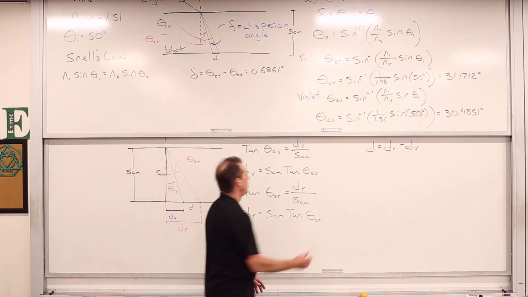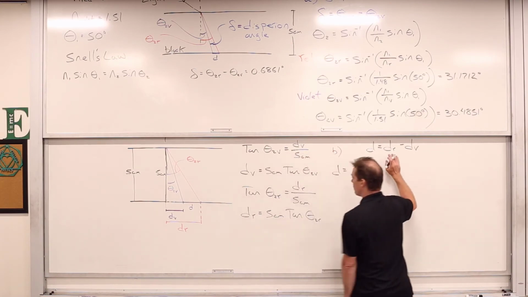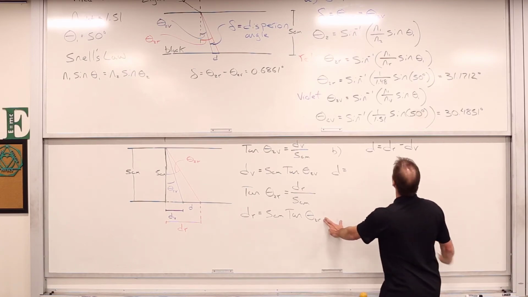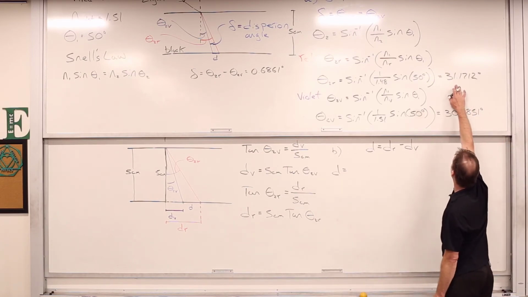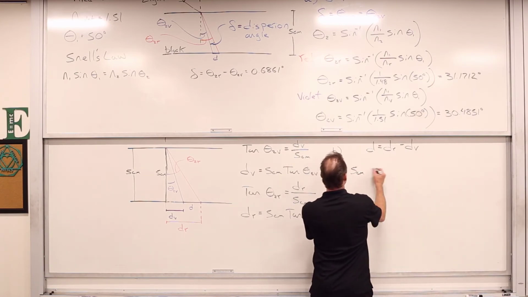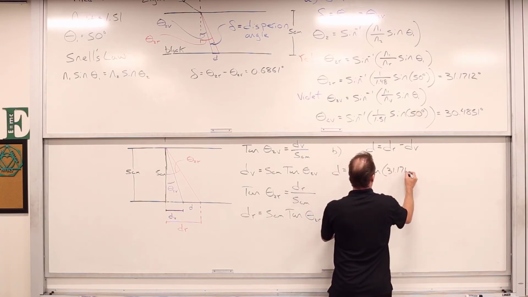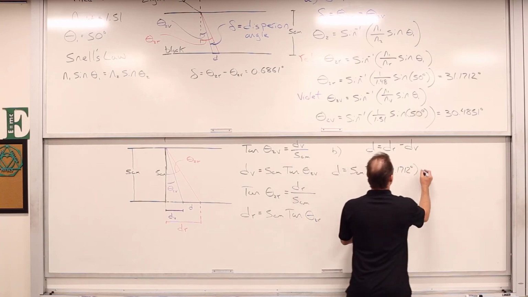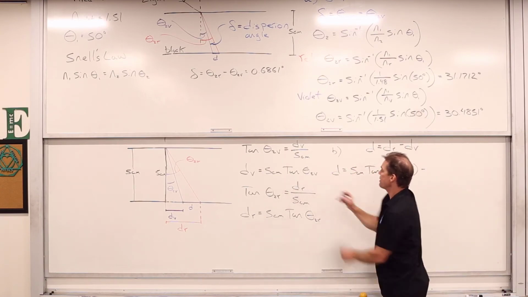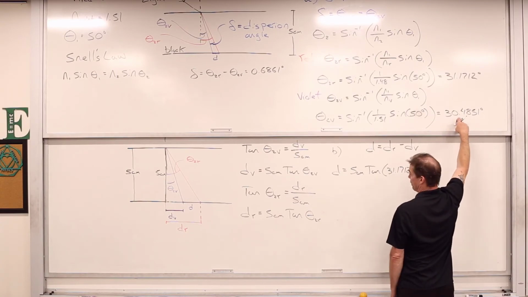So overall, we get ourselves this part B saying that d is going to be equal to d sub red, which is 5 times the tangent of theta 2 red. Theta 2 red is 31.1712. So we've got 5 centimeters times the tangent of 31.1712 degrees minus d sub violet, which is 5 centimeters times the tangent of theta 2 violet.